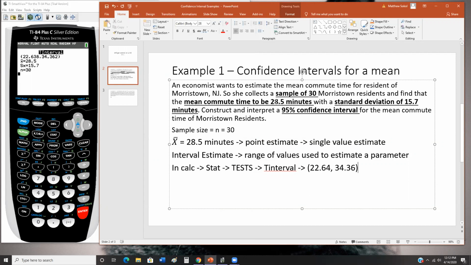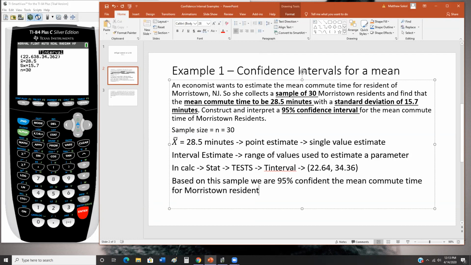I have no idea what the real mean is for all residents of Morristown, New Jersey. But based on this sample, we are 95% confident the mean commute time for Morristown residents is between 22.64 minutes and 34.36 minutes.